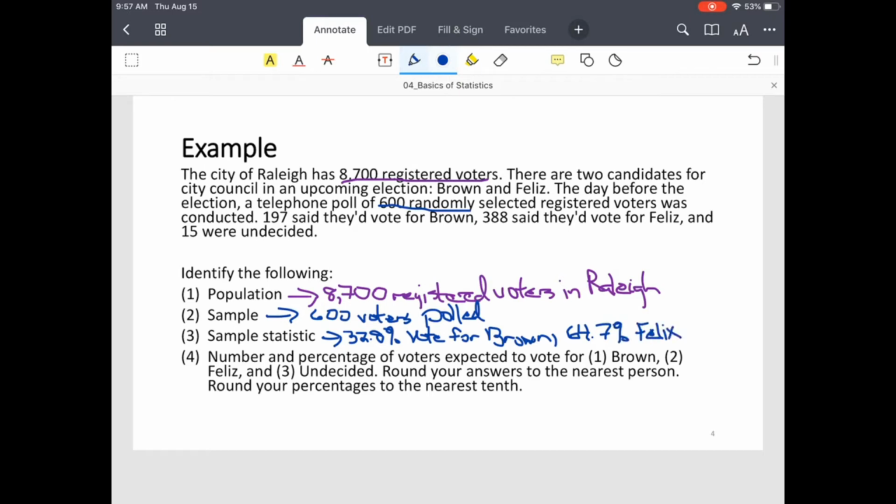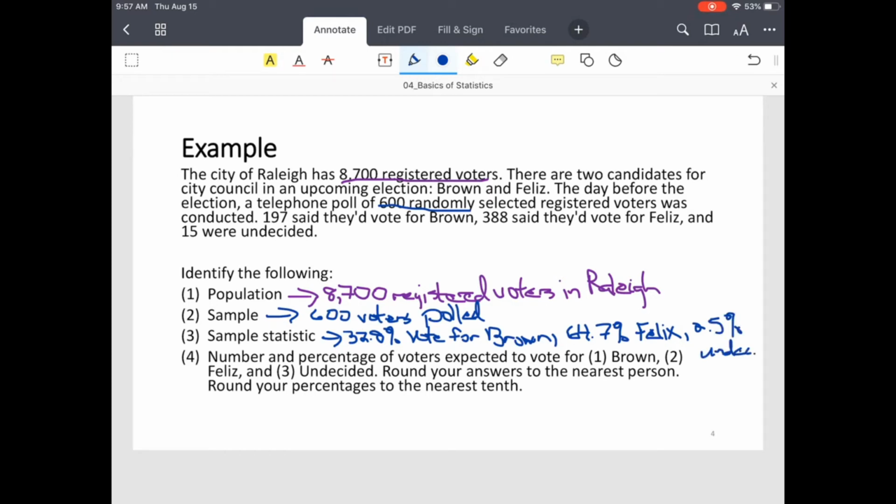And then we've got 15 out of 600 who are undecided, which, in this case, it says we're going to go to the nearest tenth. So 2.5% are undecided.